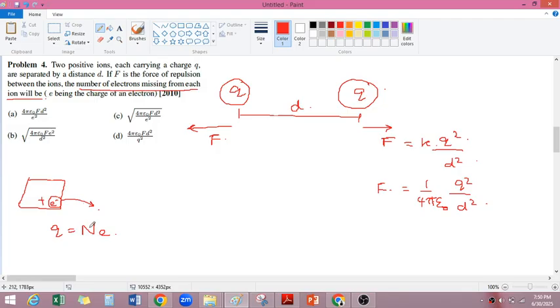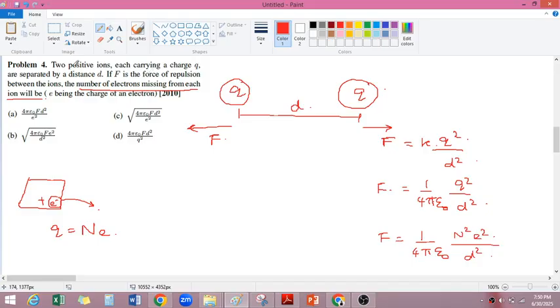So Q can be replaced with N into E, and F equals 1 by 4 pi epsilon naught N squared E squared divided by D square.